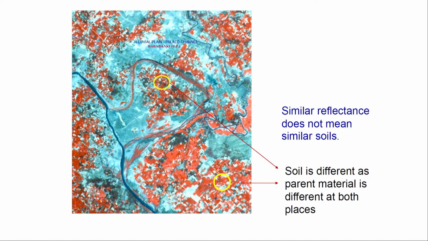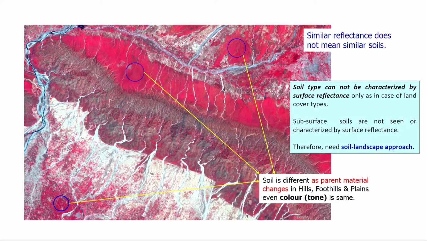If you take the soil profile in both the places, you will find different types of soil. Why? Because soil primarily changes because of difference in parent material. Here you see a picture.